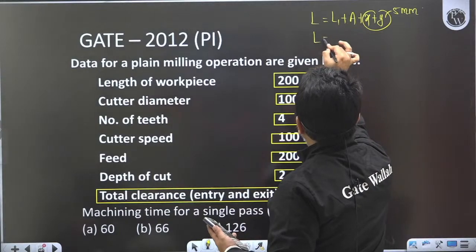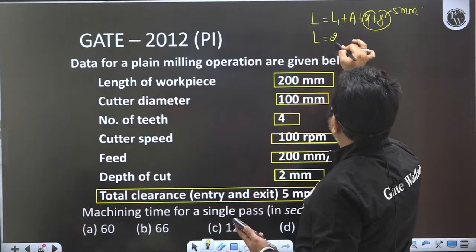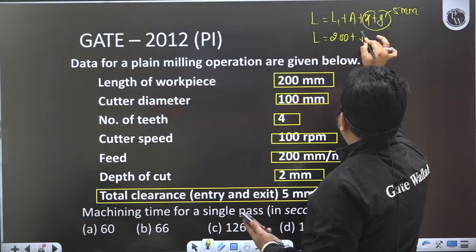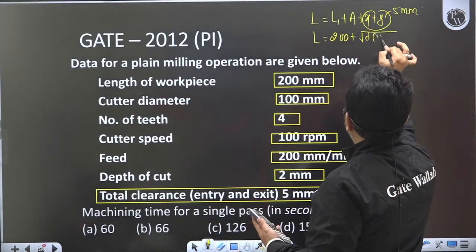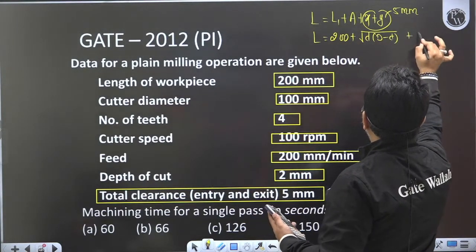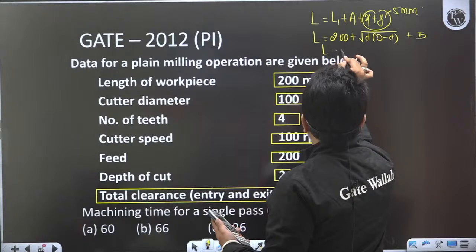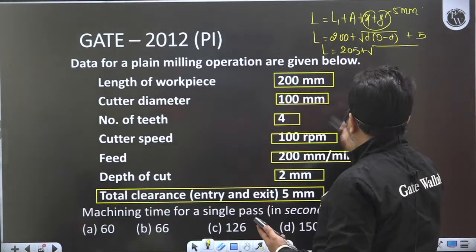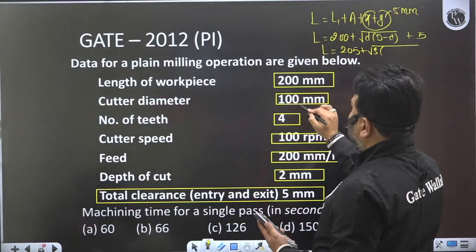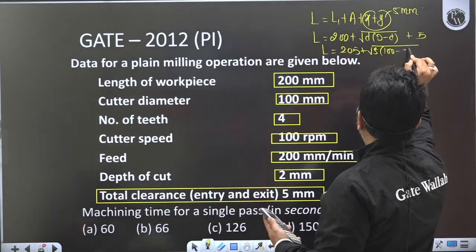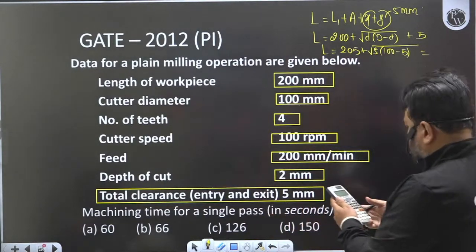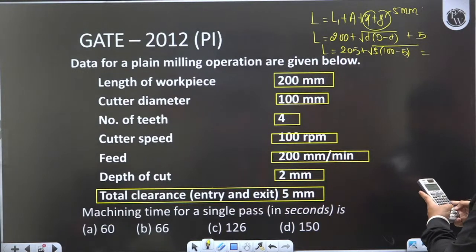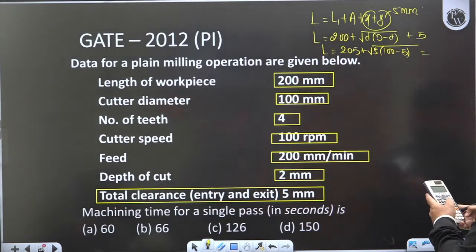Okay, so L equals L1, that is 200, plus A, that is root of small d into (capital D minus small d), plus 5. So 205 plus depth of cut, that is 5, milling cutter diameter, that is 100 minus 5. So 95 minus 5 root, plus 205.